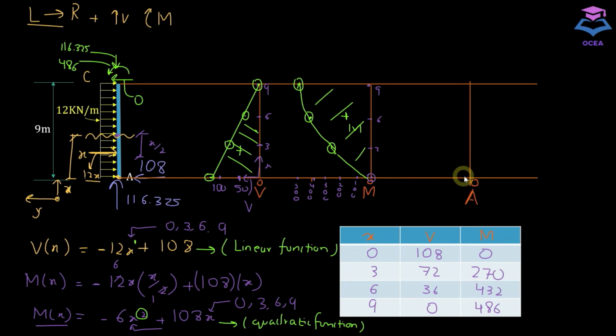So this would be negative. This would be a negative diagram, a negative rectangle, and the y value would be 116.325. On the x-axis we have x values, and on the y-axis we have the axial force.